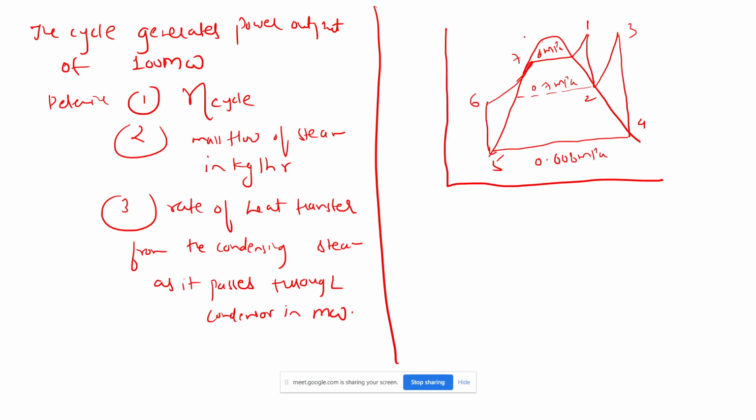So according to the question, what are the values they have given? At point 1 they have mentioned the enthalpy, H1, in the problem.